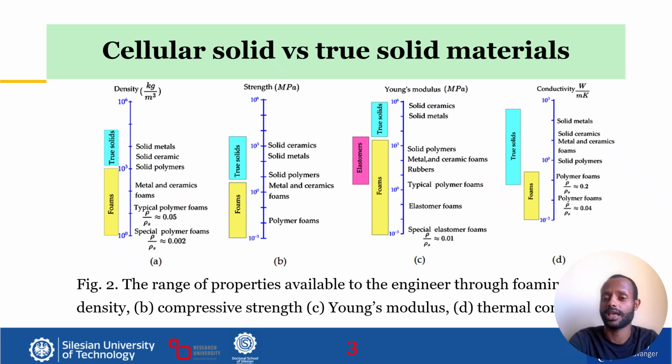But in this area, a lot of work has been done in order to improve the thermal conductivity, and by using carbon foams this property is highly improved. So nowadays researchers, especially in materials science, are working in order to improve the strength.